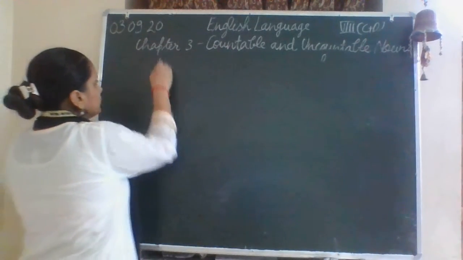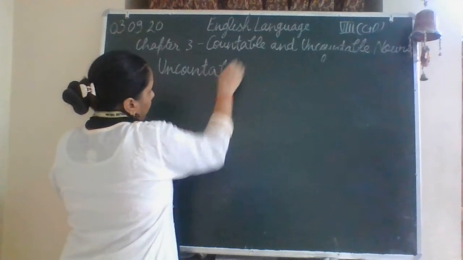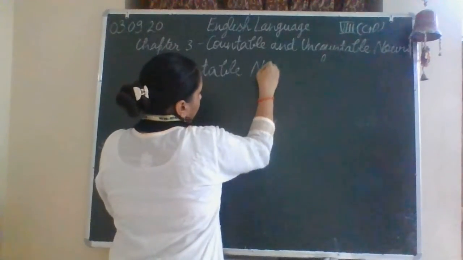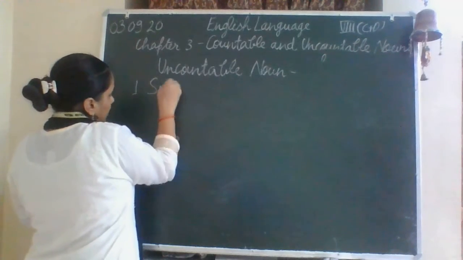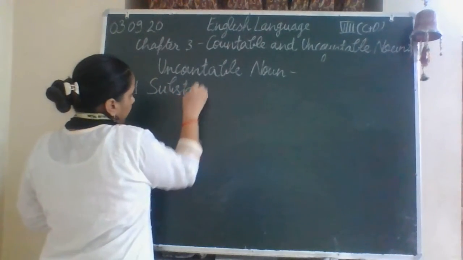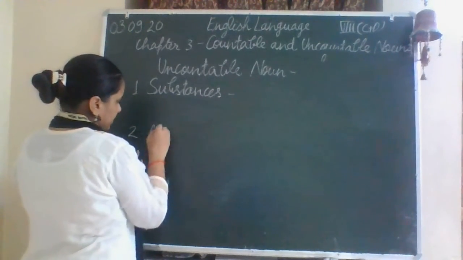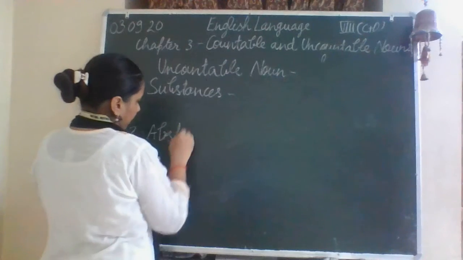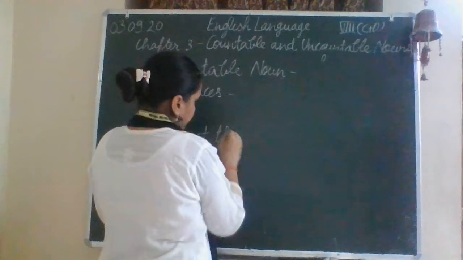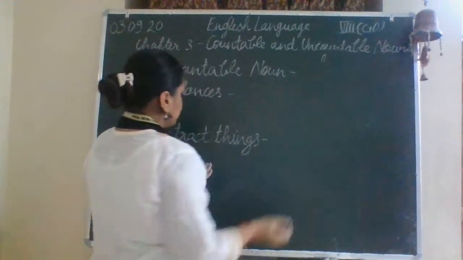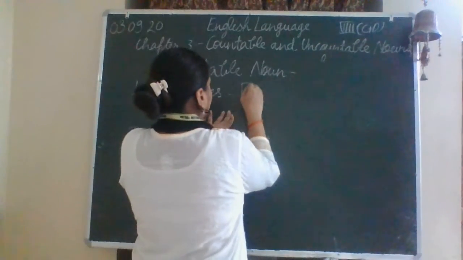So, for the uncountable noun, mainly there are two things, the substances and the second one is the abstract things. Abstract things means the abstract nouns.